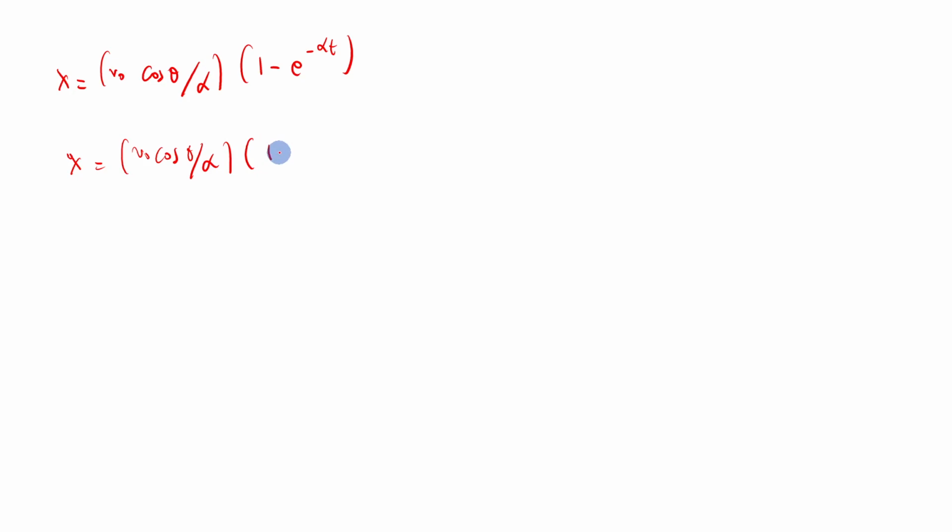Using the equation from process A, we get x equals V0 cos theta divided by alpha, of course, like this, and we can substitute the e, where e is equal to 1 divided by sin theta plus 1.